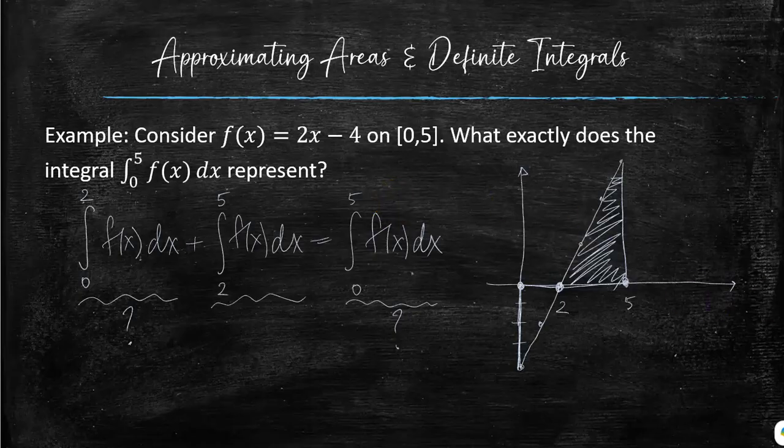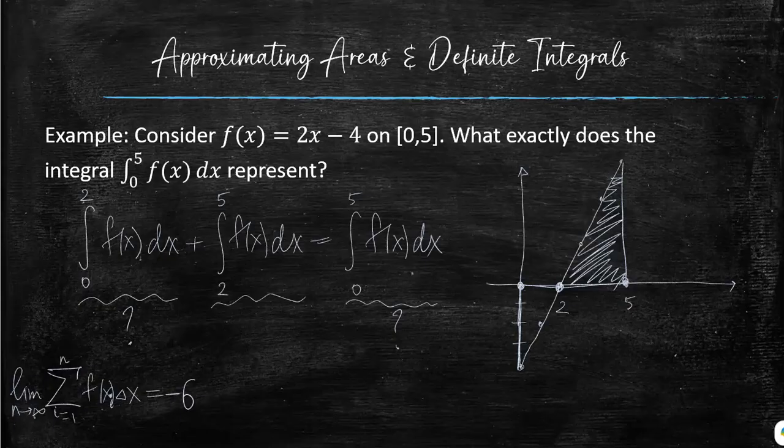And if you set up, we're not going to do that, but if you set up this integral as a limit of a Riemann sum as n goes to infinity, and you do all the math the way we did it earlier, you will see that the answer is going to be -6. How?